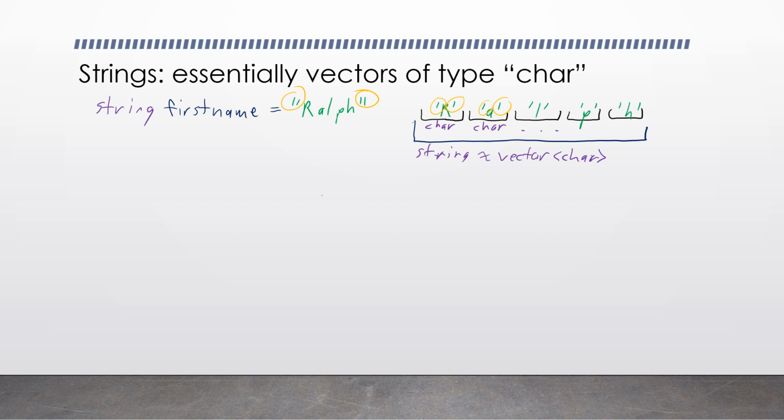Characters always get a single quote. Strings always get a double quote. If I put R with double quotes, C++ is actually going to create a string type entity with just the letter R. If I put single quote R, C++ is going to create a character type entity with just the letter R.